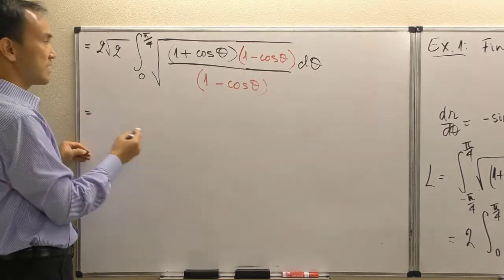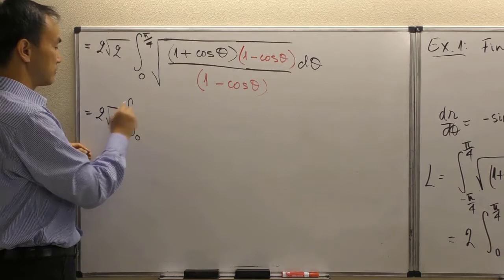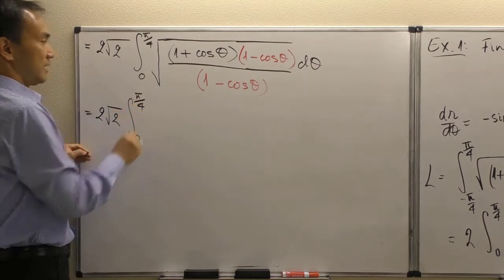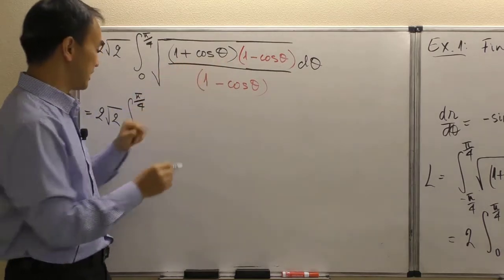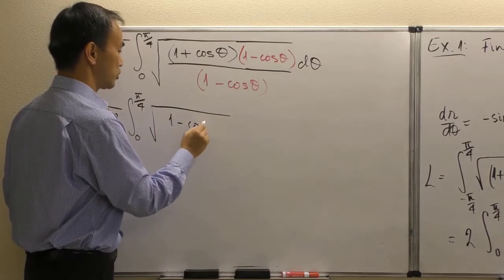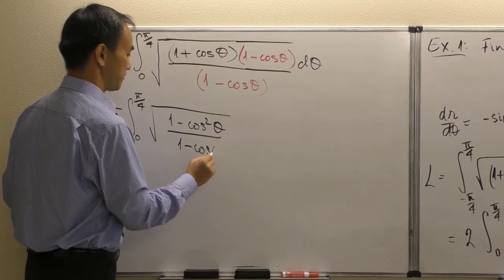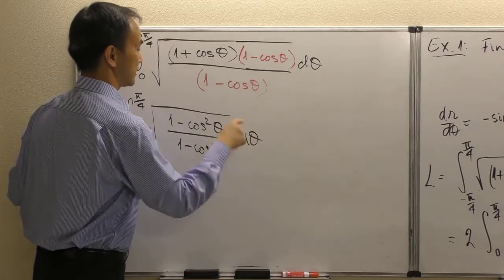Now in my next step, 2 square root of 2 as a coefficient, the integral goes from 0 to pi over 4. Now this expression here is going to give me, inside the square root, 1 minus cosine square of theta, divided by 1 minus cosine of theta, with a d theta in front.